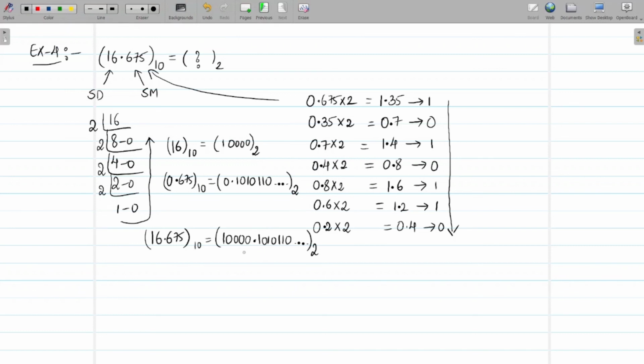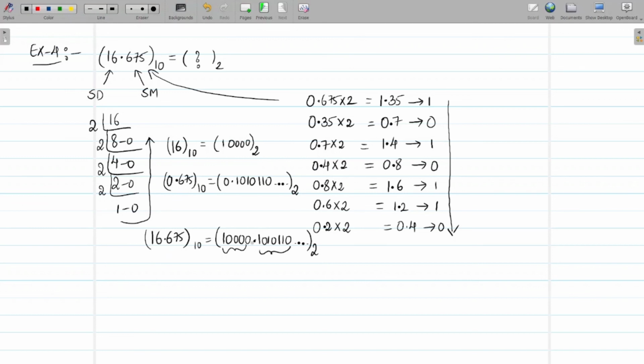So do it for yourself, up to this number, multiply with the powers of 2 in a descending order and check whether it is somewhat nearer to 0.675 or not. Anyway, it is easily considered as equivalent to 16.